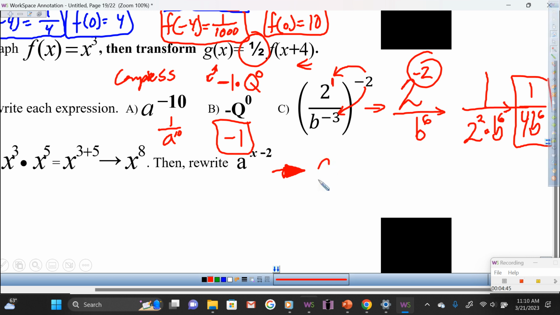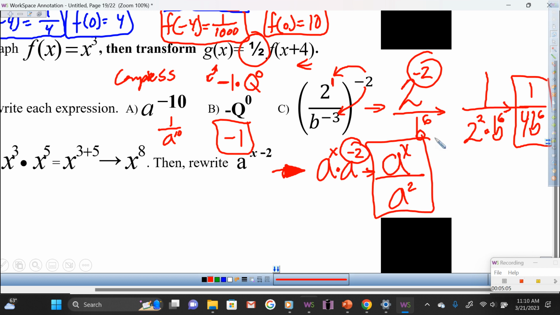All right, she said a to the x times a to the -2, which becomes what? A to the x over a to the second. That is correct. Hands up if you got that. That is correct. Let's go.